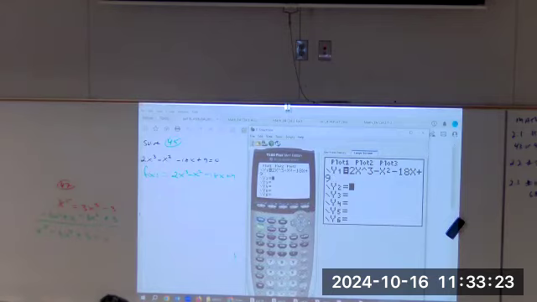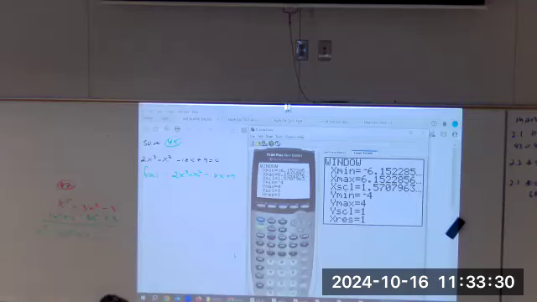And then I'm going to graph it, but I don't know what to set the window to. Right now, I have a trig window in there from last week. So I'm just going to leave the trig window and graph it.